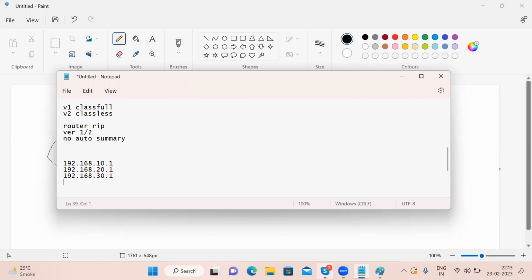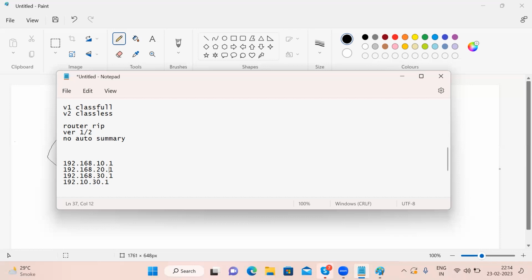It's simple. Take one more IP, 10.30.1. What do you say, does it come under similar? No, it will also not come under a similar network.